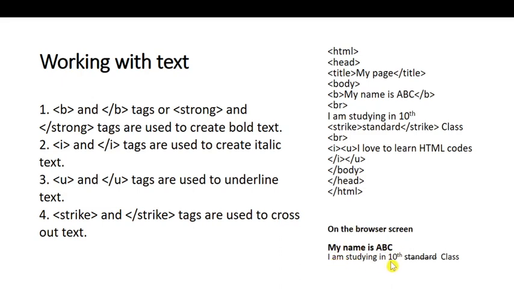And you see, I am studying in 10th standard, with the text crossed out by strike. Then, I love to learn HTML codes is italic and also underlined, because of the tags that we have applied here. So this is how it appears on the browser screen, and this is how we work with text.